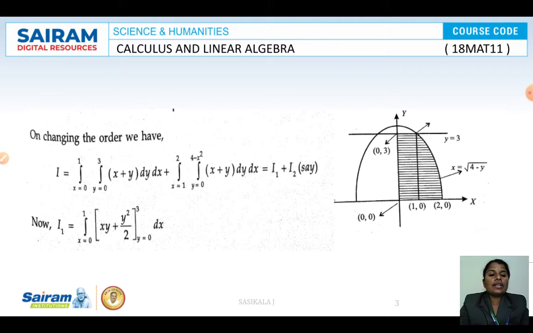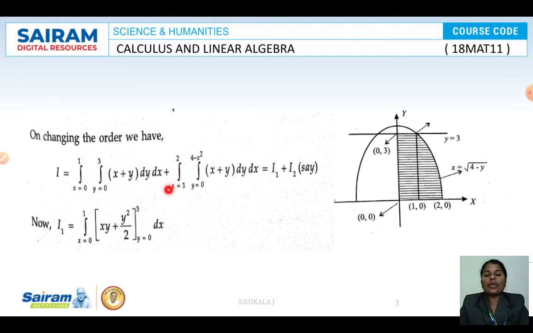So the curve ends at the point x equal to 1 at y equal to 3. Now the limit will go from x varies from 0 to 1 and then 1 to 2. That is why two integrations come: integration with x from 0 to 1 plus integration with x from 1 to 2.